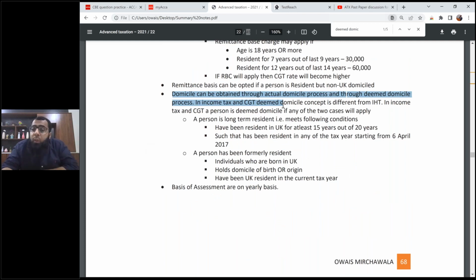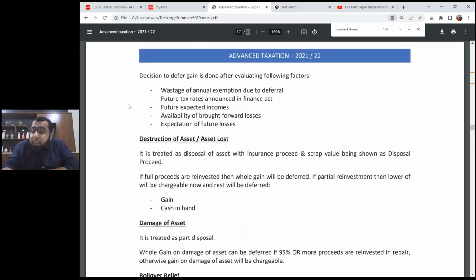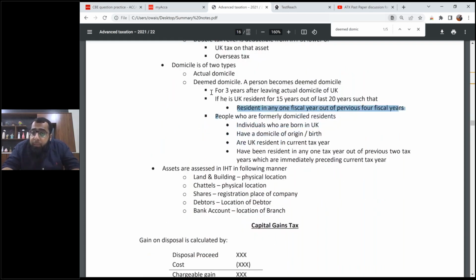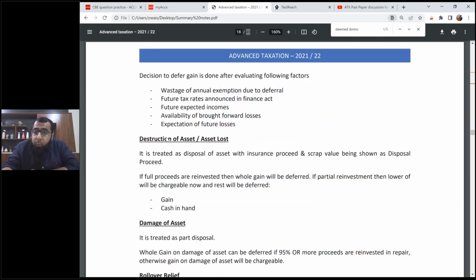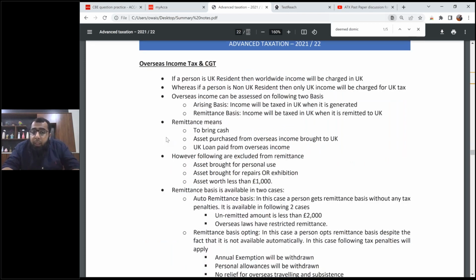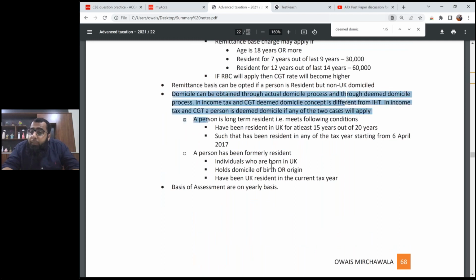Okay, it is in both of the concepts. Since currently we were doing IHT, we went to deemed domicile status in overseas IHT. These are the conditions in IHT. When you talk about income tax and CGT, you will just go forward in the summary notes, and these are the conditions for income tax and CGT.